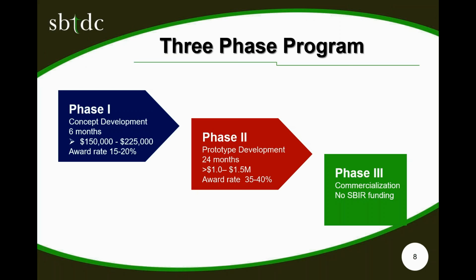Okay. So there are some differences as it relates to this 3-step process. Some agencies do offer what's called a direct to phase 2 mechanism. So NIH is one of those agencies that offers that mechanism. And that simply means that you skip the phase 1.